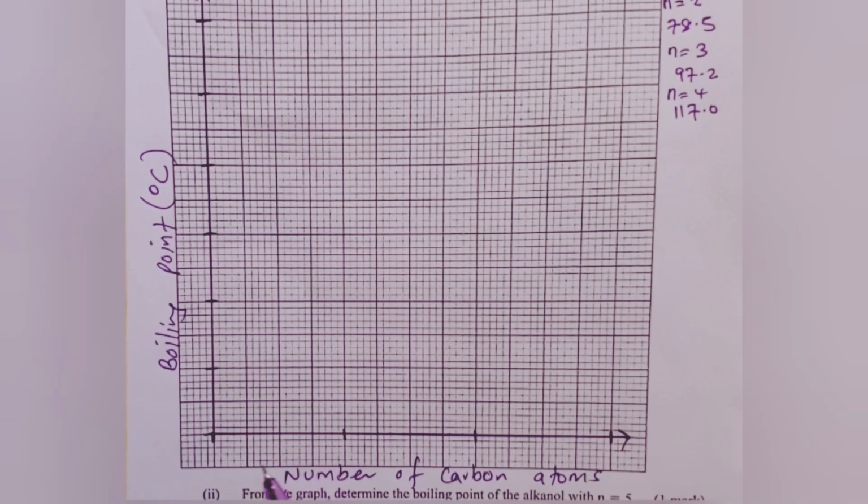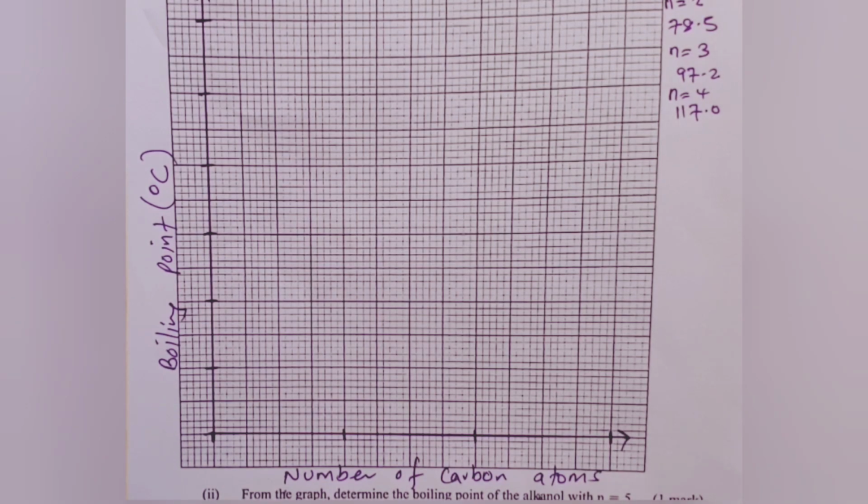So if we look at our x-axis here, we were given a total of 1, 2, 3, 4, 5, 6, 7, 8, 9, 10, 11, 12, 13, and 14 squares.